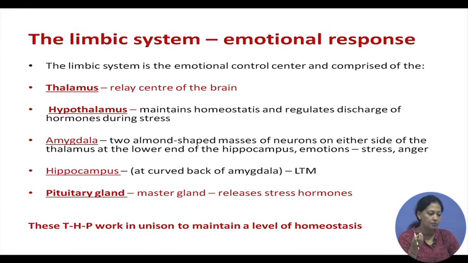The hippocampus, another very important structure of the limbic system, is situated at the curved back of the amygdala, and it is like two horns. It is related to long term memory, or the storage of memory. If there is damage in the hippocampus, it affects new memories being formed.